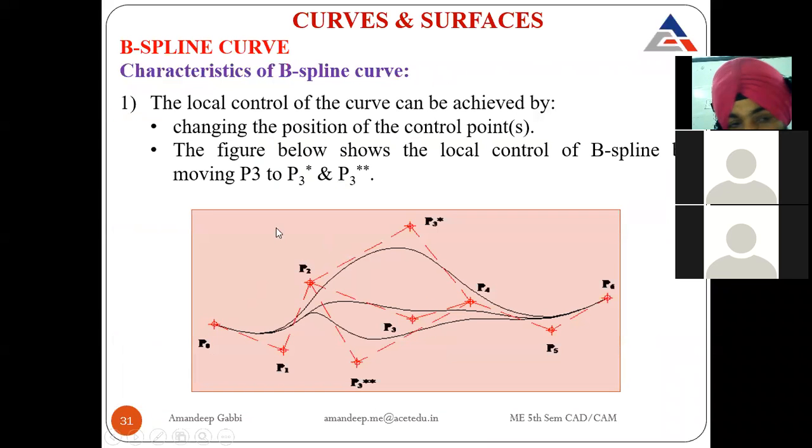Now this one is a B-spline curve. Very important and very flexible curve. You can draw a curve like this. You can draw a curve like this. Yes, it is drawn in 2D and 3D both.